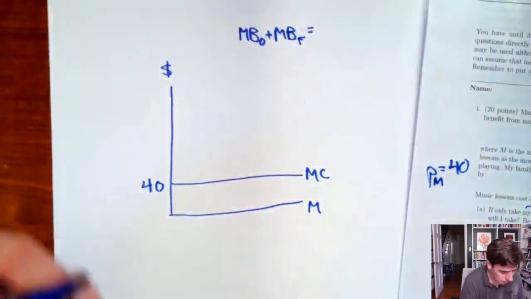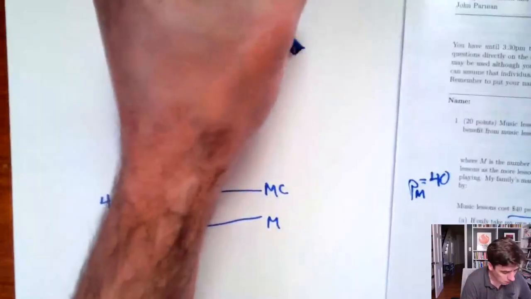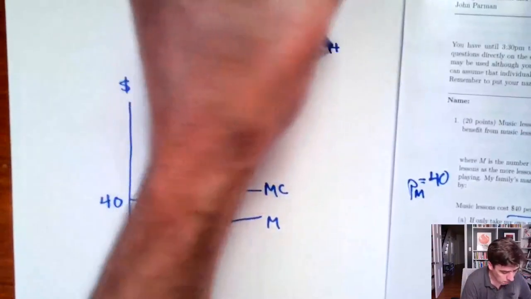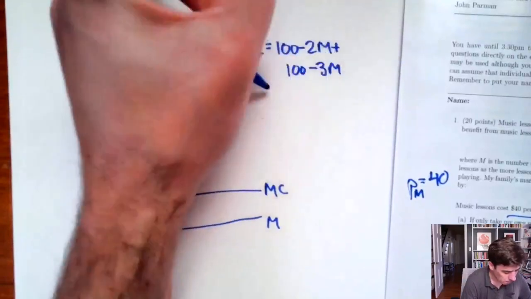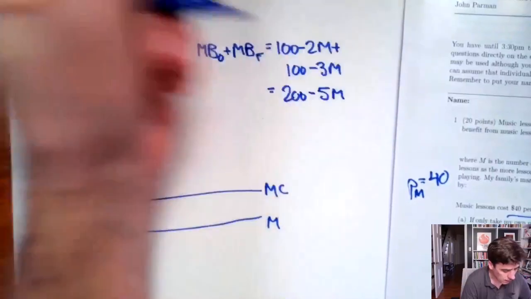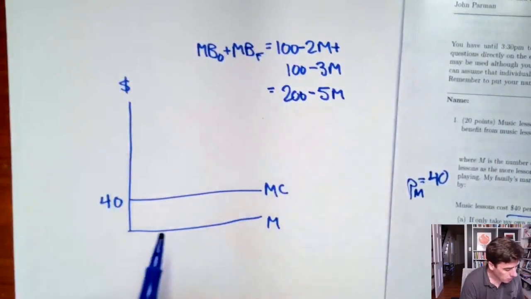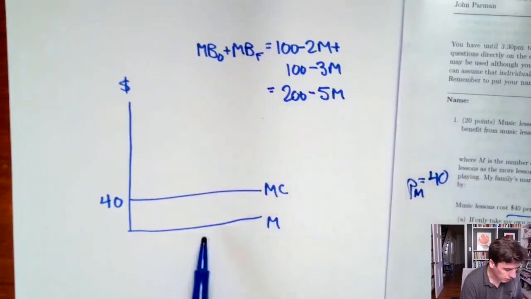So if we do that really quickly, that should be 100 minus 2m plus 100 minus 3m. So all of that is going to be 200 minus 5m. So if I think about my graph here, m is my horizontal axis variable.